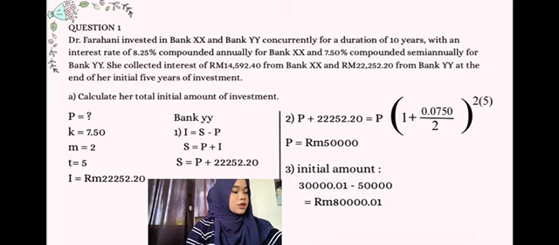The total we get is 50,000 ringgit. Third, initial amount 30,000 ringgit and 1 cent plus 50,000 ringgit equals 80,000 ringgit and 1 cent.